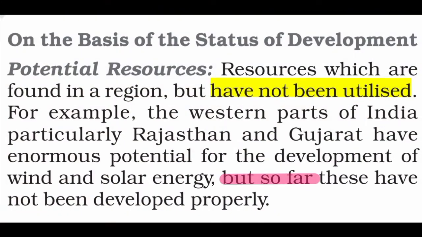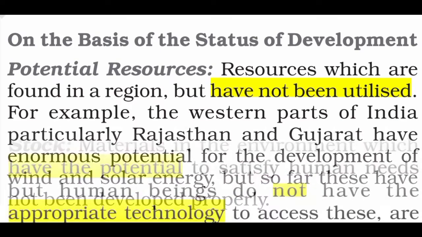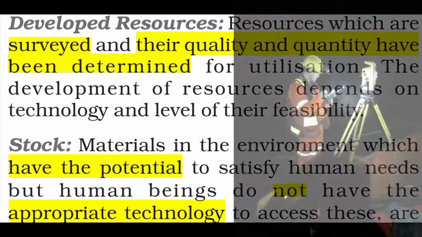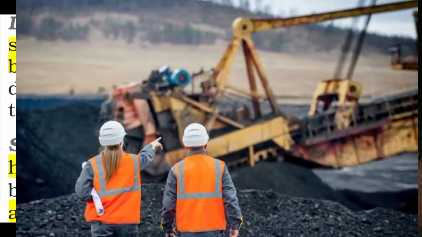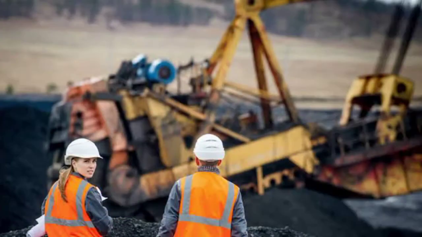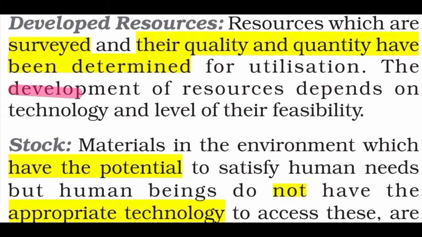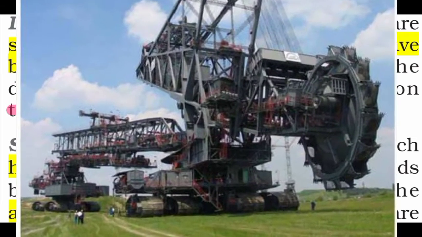But so far, these have not been developed properly. Developed resources. Resources which are surveyed and their quality and quantity have been determined for utilization. The development of resources depends on technology and level of their feasibility.